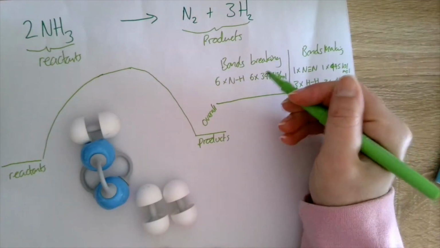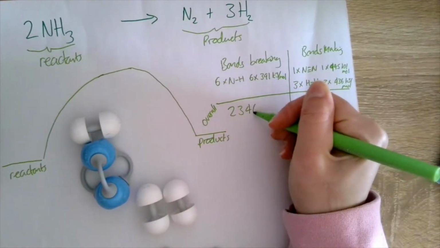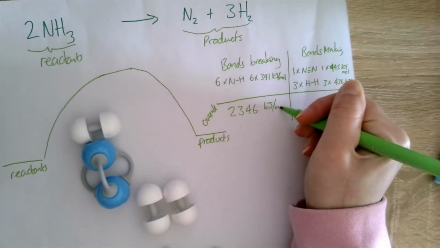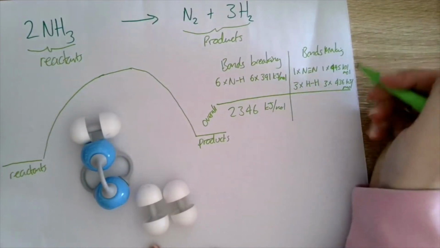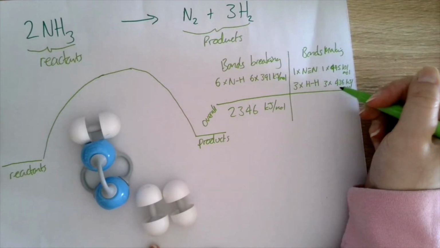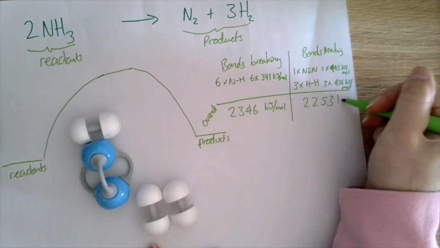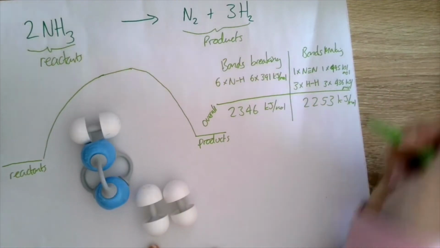So here the 6 times 391 gives us that 2346 kilojoules per mole, and our bonds making, we're adding the 945 plus 3 lots of the 436 to give us 2253 kilojoules per mole.